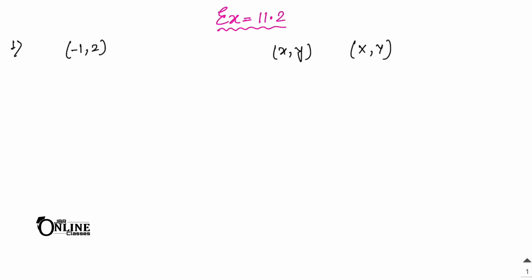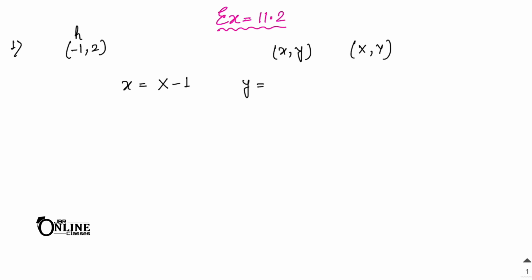Remember that the new axes remain parallel to the original axes. So here we get small x equal to capital X plus h. But as here h is negative, it will be capital X minus 1.